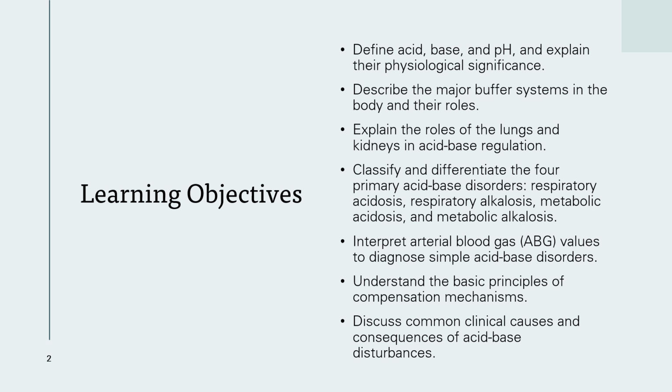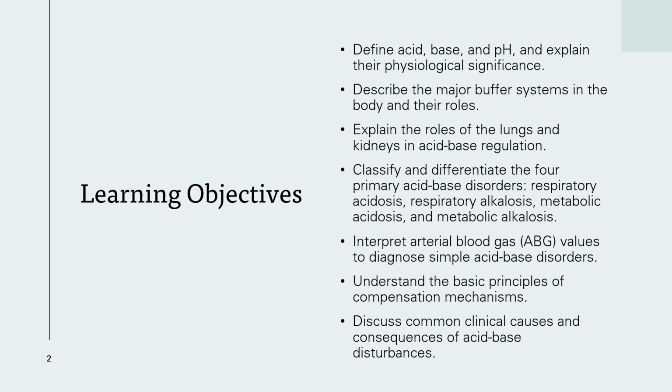It's also important that we understand the major buffer systems in the body, especially the blood plasma, and explain the roles of the lungs and kidneys in acid-base regulation, as well as maintaining homeostasis or equilibrium.